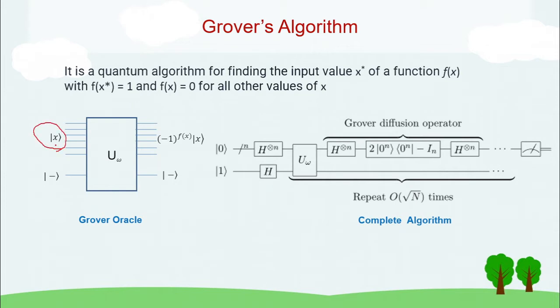We have a number of x values and we have a function. The speciality of that function is it returns 1 when the x passed to it is a special x, what we call here x star. At that time it will give 1, and for all other x it will return only 0. Okay.